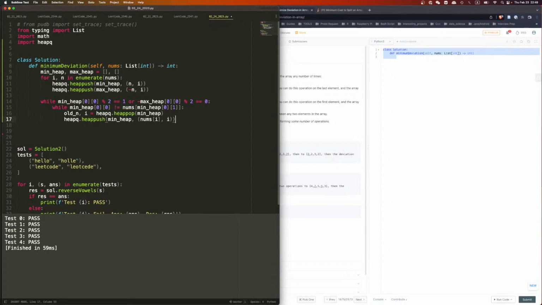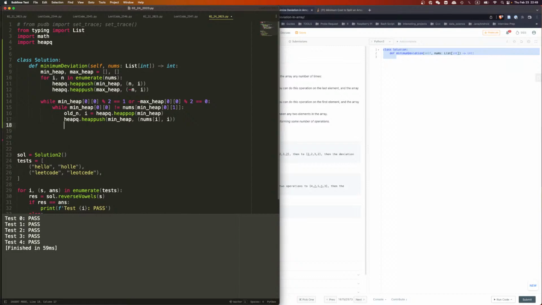So I do this to update the min heap value. Once the min heap value is updated, then we can check to see if we can increment it.